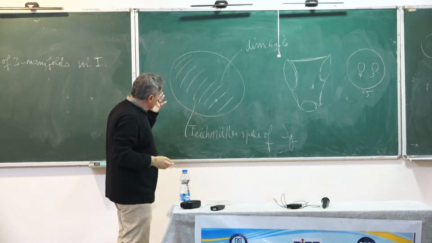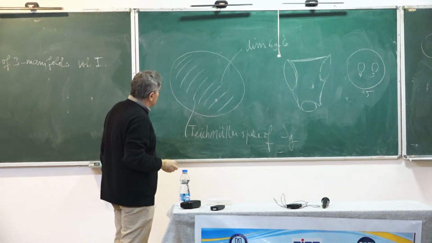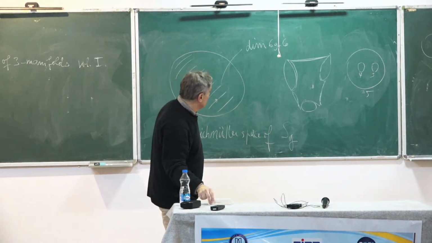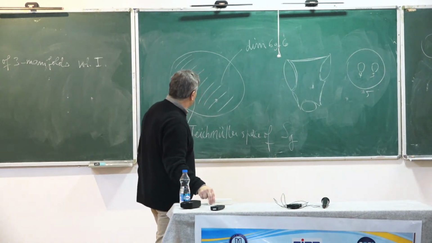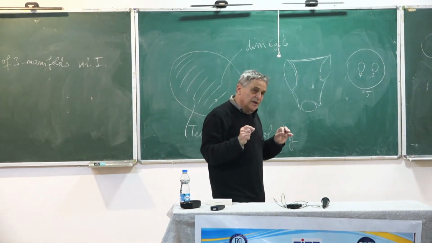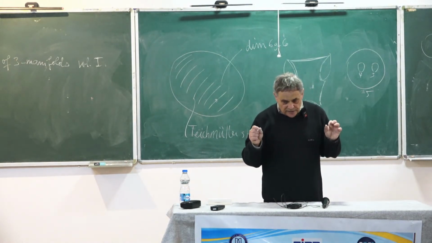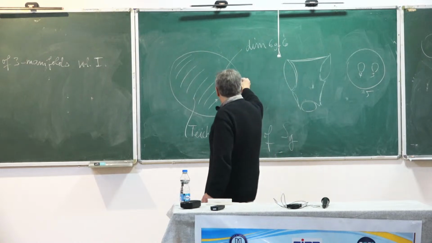And then there's also a space of measured foliations on the surface. I want to say now something which is not completely right, but I don't want to go into complications now. The thing is that there's a boundary here.